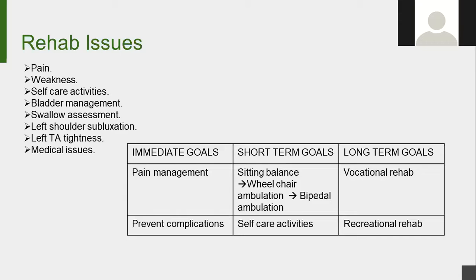So our immediate goals are to manage the pain and to prevent further complications. The short-term goals are to achieve some kind of sitting balance, and then if possible go on to wheelchair ambulation and then bipedal ambulation, and attain some independence in his self-care activities. And the long-term goals are to achieve vocational rehabilitation and recreational activities.